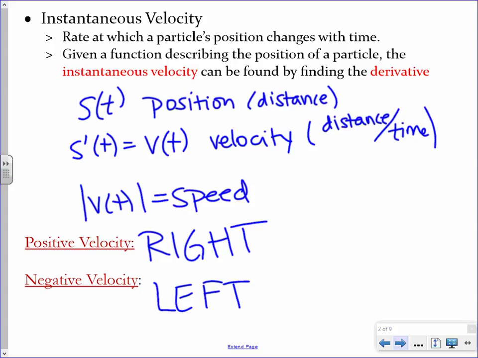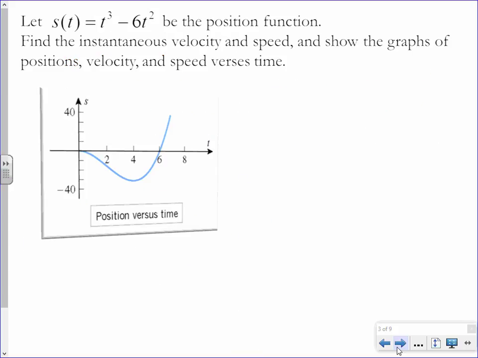Okay, so let's work with this here. Write this down. S of t is t cubed minus 6t squared. We're going to do a couple things with this.